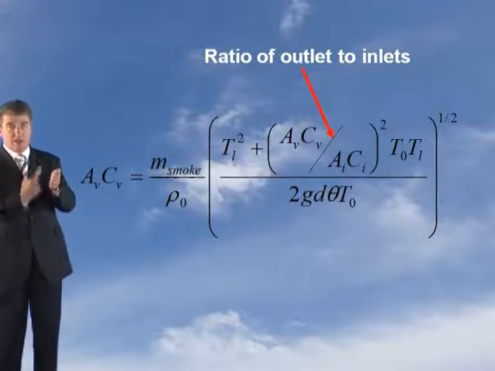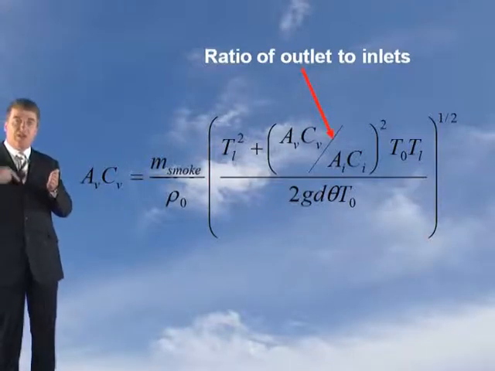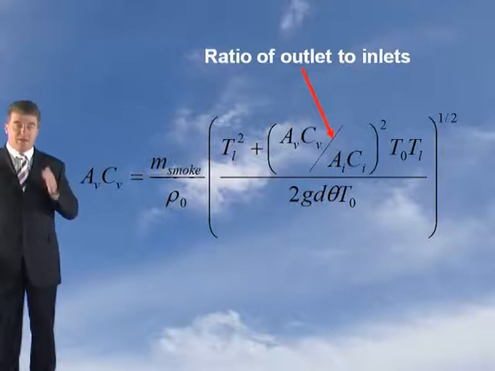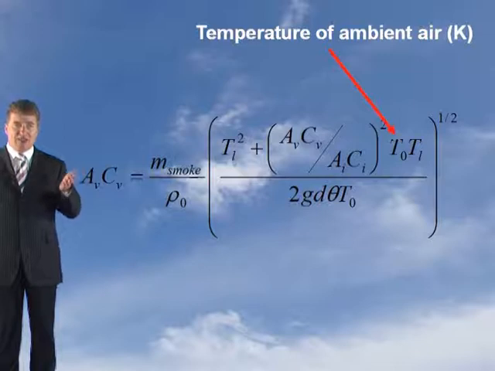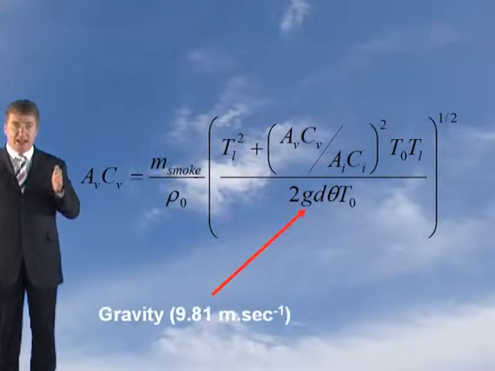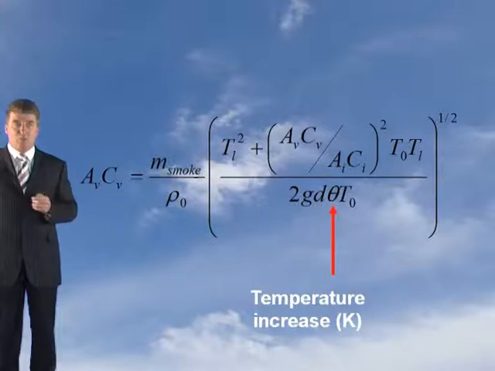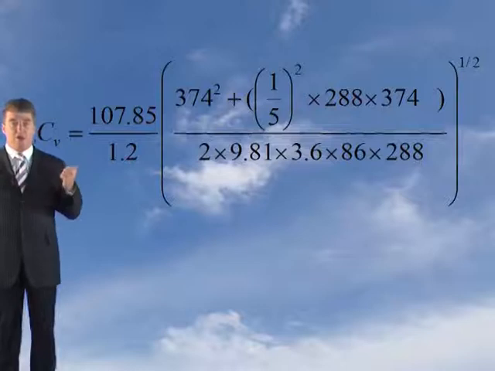You've got 1 outlet, so you've got 1 lot going out, but you've got 5 potential inlets. So in this case, that ratio would be 1 divided by 5. Then you've got your TO, which is your ambient air, which is 288. Your gravity, 9.81. We know the depth of the smoke layer and we know the theta. We put them in this formula. This is what you should have got.